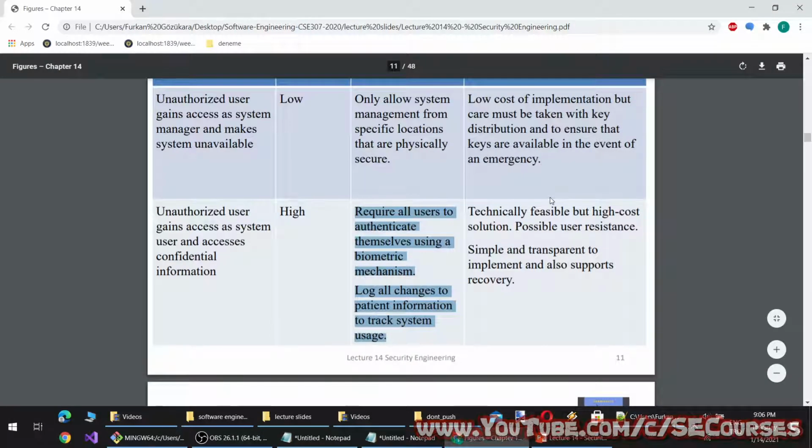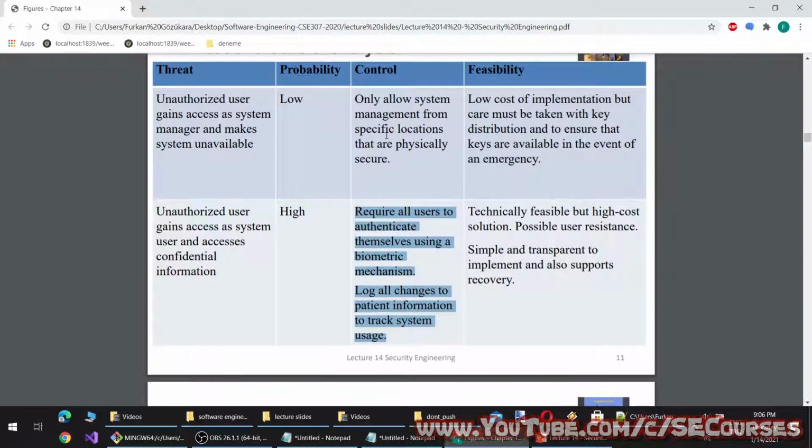So the prevention of such an incident is, let's say, forcing users to log in with a biometric mechanism, which cannot be obtained without physical interaction. However, it is extremely hard to achieve that.